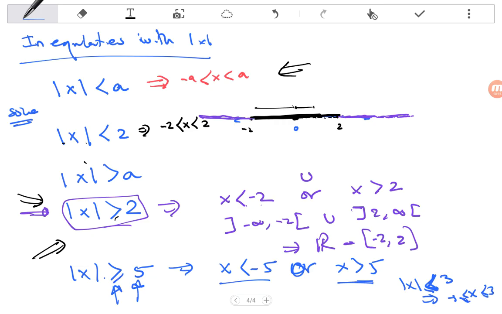If I had an equal sign here, it will also have equal in these two. What if I need to find the solution of absolute x greater than -3? What would be the solution of this inequality?